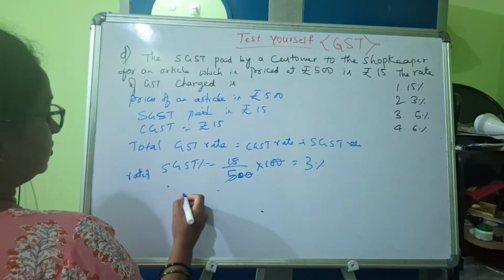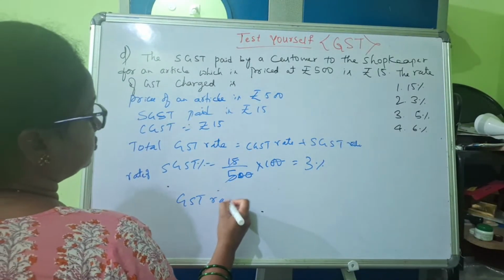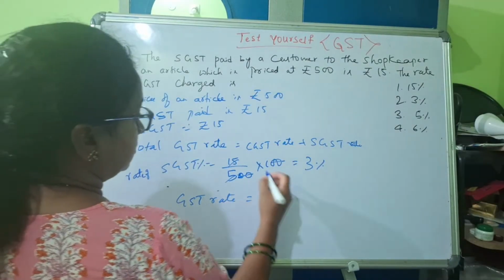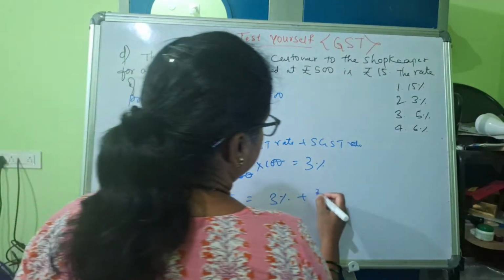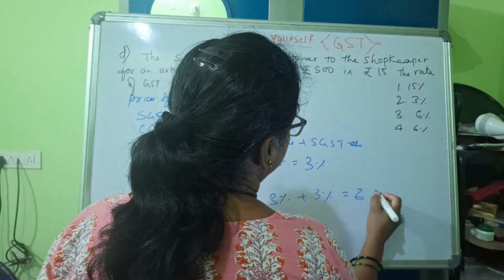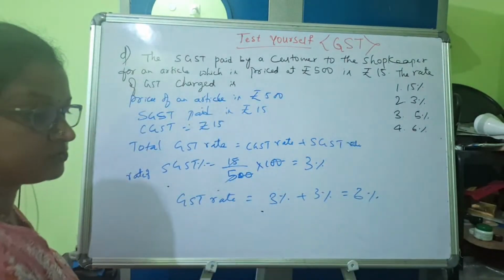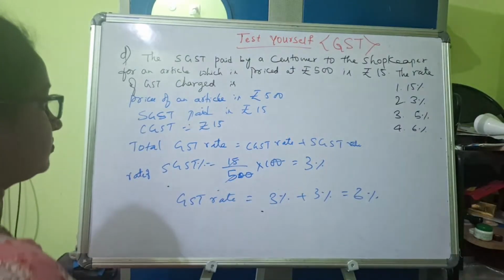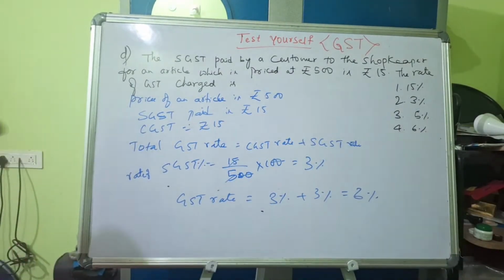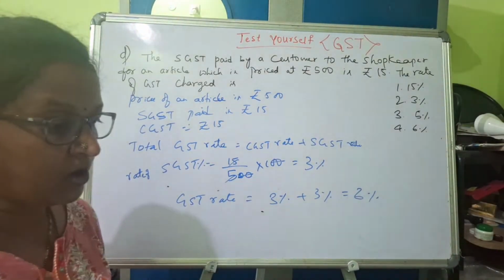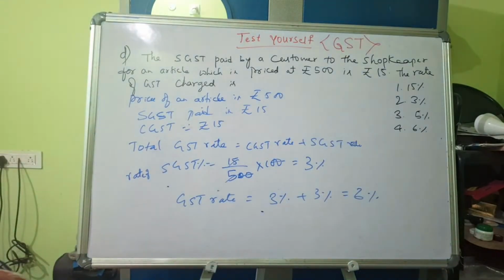So GST rate is equal to 3% plus 3%, which is equal to 6%. Okay. Hope you all have understood. We'll jump on to the next question.